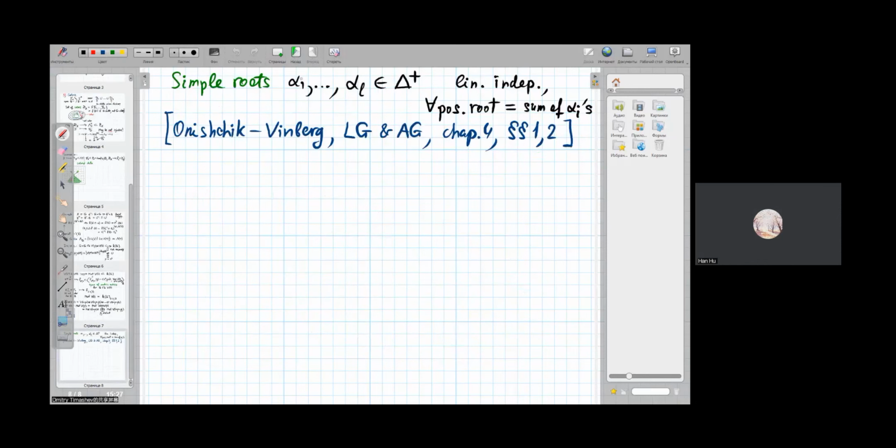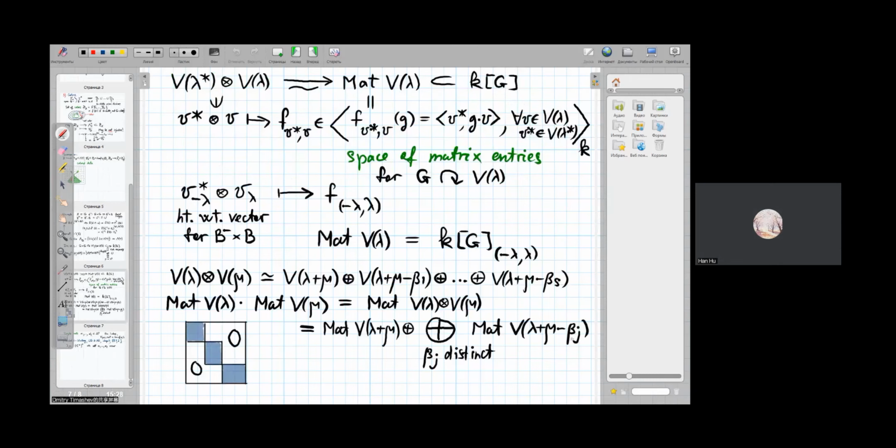And if lambda and mu are what are called strictly dominant weights, so if lambda and mu belong to the relative interior of the positive Weyl chamber, which some time ago I denoted by C plus, and the relative interior let me denote by this upper knot superscript, then actually all simple roots occur in the list of these beta j's.